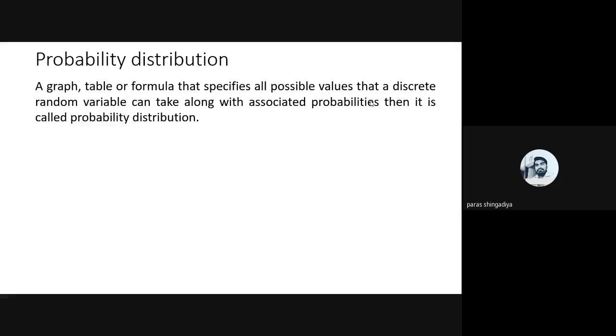A graph, table, or formula that specifies all possible values that a discrete random variable can take, along with associated probabilities, is called a probability distribution. Okay, meaning we have the discrete random variable concept, that discrete variable data is countable, finite data. Clear?